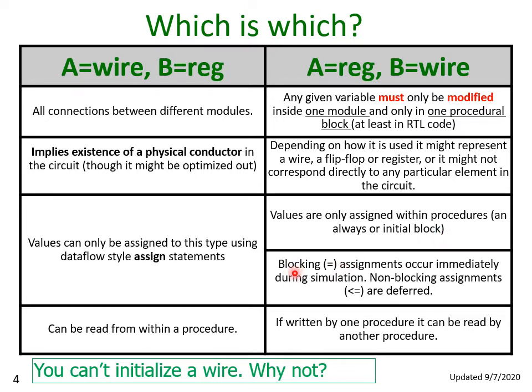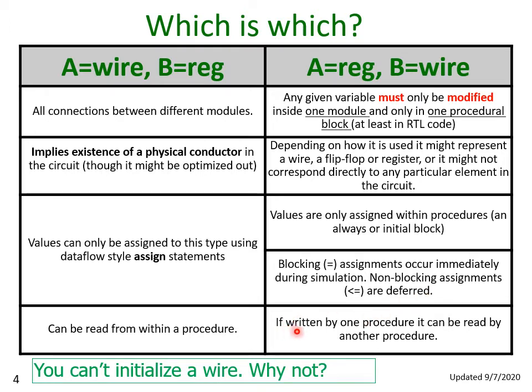A point here is really just a reminder of the blocking versus non-blocking assignment. Both of them can be used with variables. Really what makes the difference is whether you are describing combinational logic, where you would do blocking, or sequential logic, where it would be non-blocking.